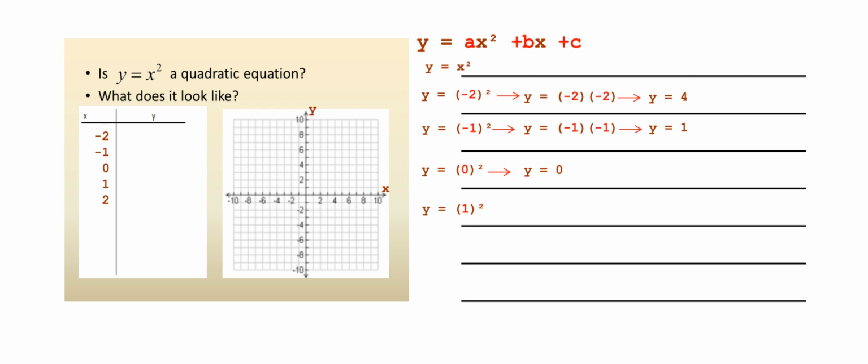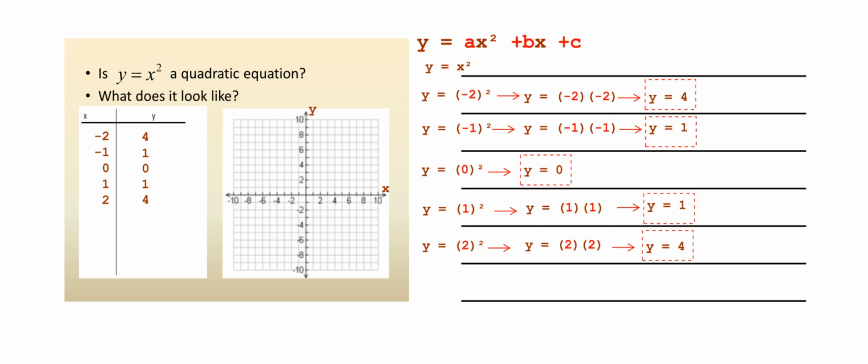We picked the 1 for x. So 1 squared. 1 times 1 is 1. So, hey, look at that. Seems to be repeating, right? y equals 2 squared. 2 times 2, agreed. 2 times 2 is 4. Hey, once again, look at that. Let's fill in our tables: 4, 1, 0, 1, and 4. There we go. We filled it into our tables.